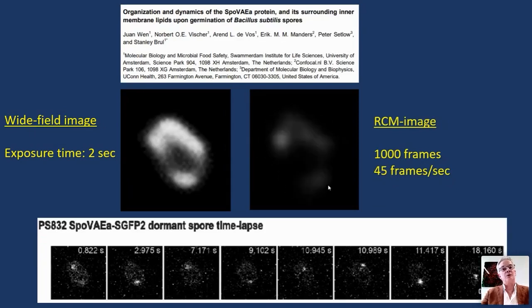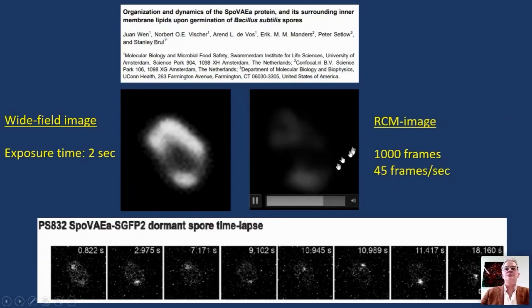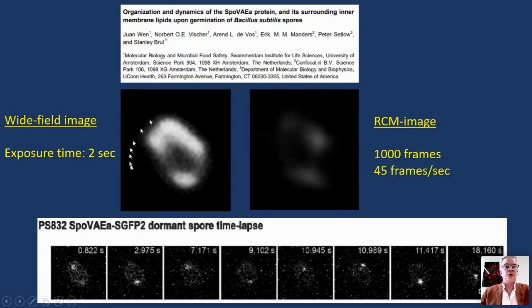So it means that the molecules travel along the spore membrane and are sometimes making a clump, so we get a completely different view on how the germinosome works, what it looks like. It's not a static thing.